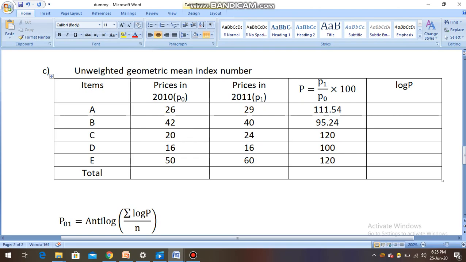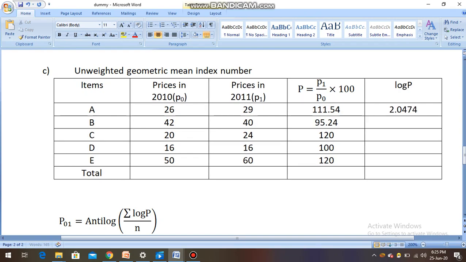The calculation of these logs, you can do using a scientific calculator, or you can use your logarithmic table for that purpose. Then the log of 111.54 is 2.0474. Please consider 4 digits after decimal.